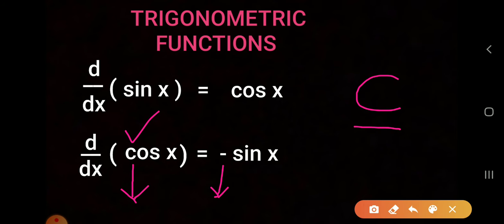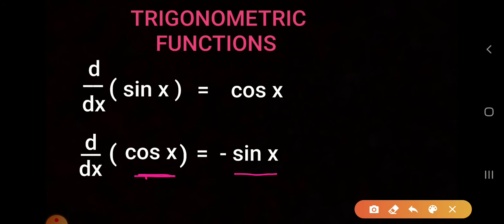Before the answer you should write minus. So here also cos x has the first letter C, so you should write minus: minus sin x. The derivative of sin x is cos x, and the derivative of cos x is nothing but minus sin x.